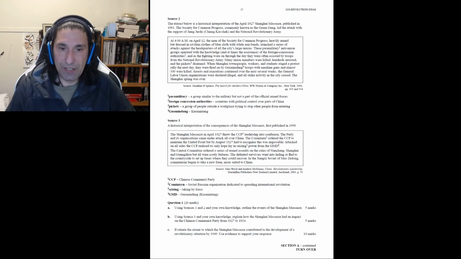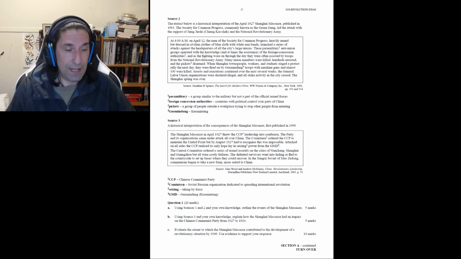But that didn't occur. The Shanghai Massacre occurred, and Mao was able to retreat first to Jinggangshan, and then further south to Ruijin and the Jiangxi Soviet, and set up that Soviet, and it became very, very successful.